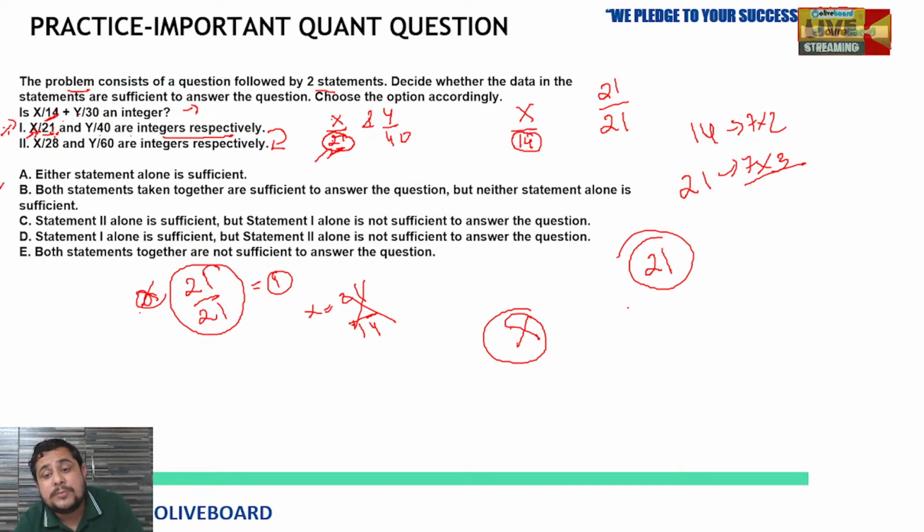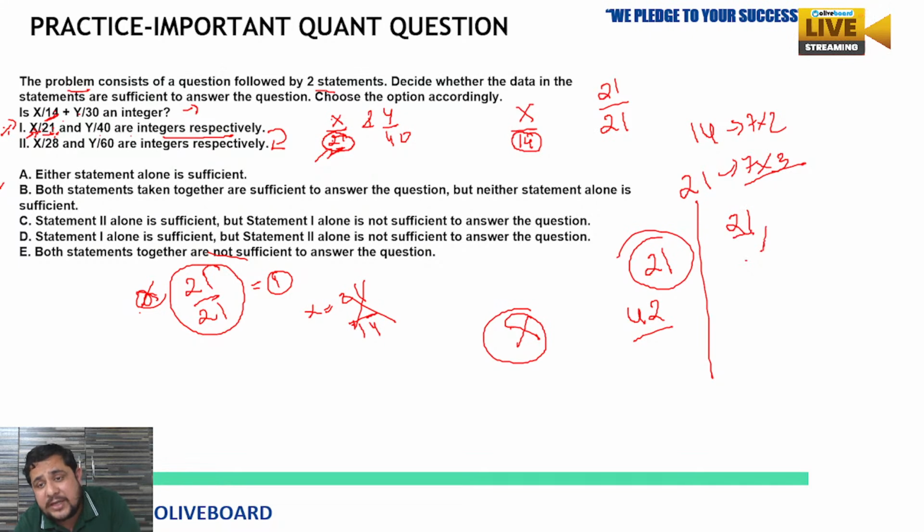If we assume the value of x is 42, now see, x/21 is an integer. That is what we are getting here, right? How can we confirm that? See everyone, x can be 21, 42, 63, any multiple of 21.